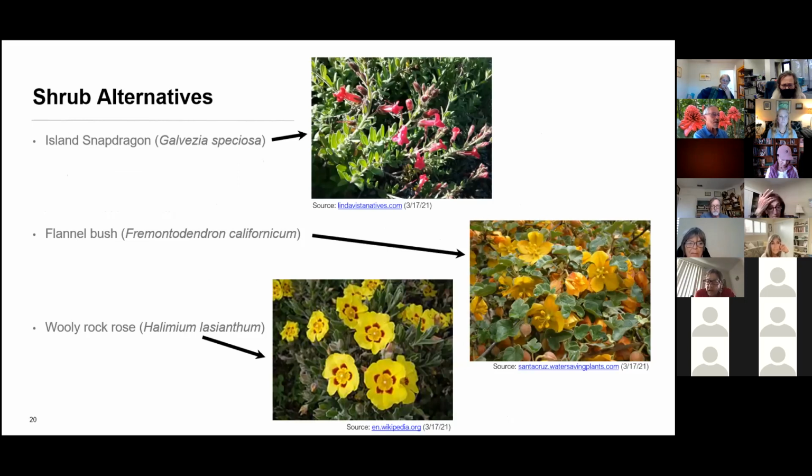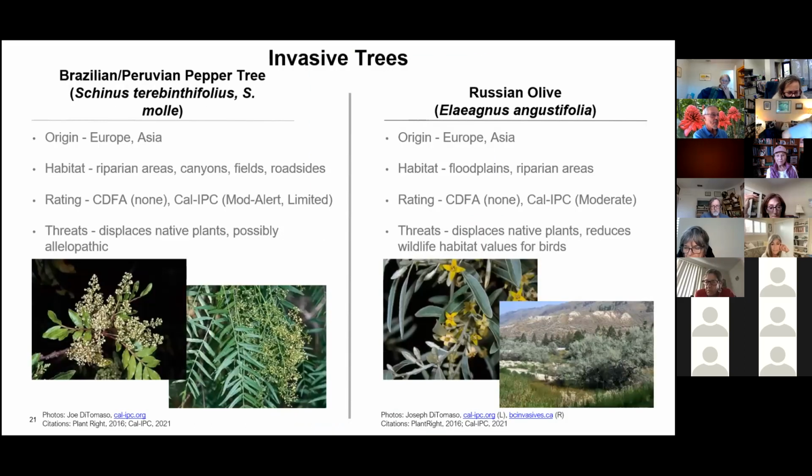Alternatives here include island snapdragon, flannel bush, our native Fremontodendron californicum, and woolly rock rose, which we have in our garden, and it's really lovely. Brazilian pepper tree and Russian olive may surprise some people because it's so commonly planted, in my opinion, but it also has taken over many wildland areas and is problematic, displacing native plants.